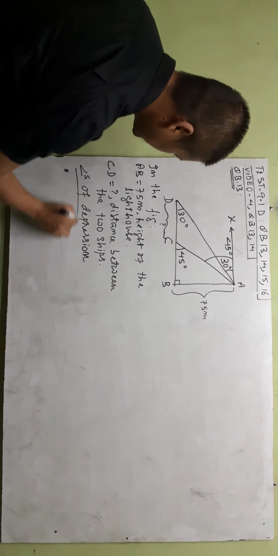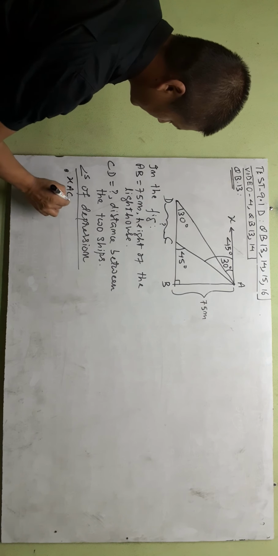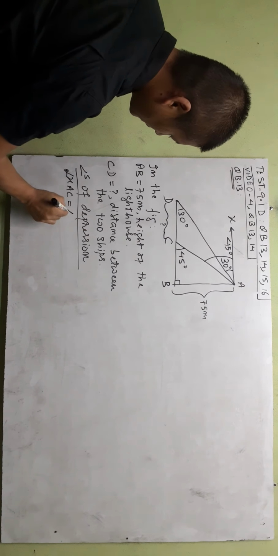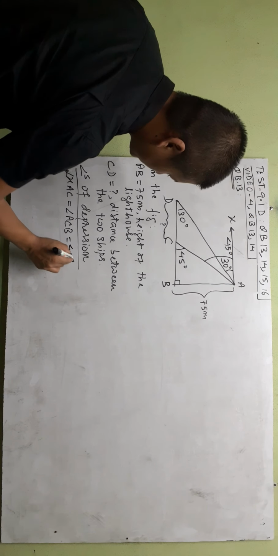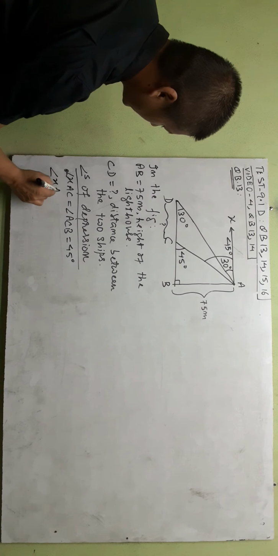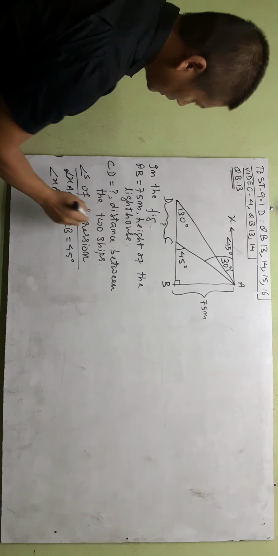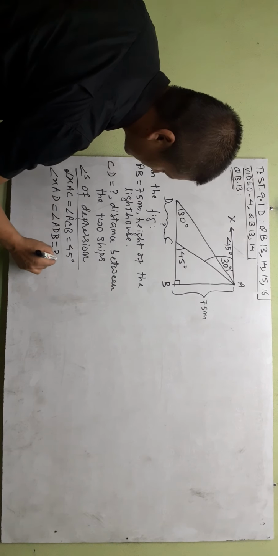Angles of depression here. The first one, angle XAC equal to this angle SCB, because they are alternate angles, 45 degree. Then angle XAD, this one, equal to angle ADB equal to 30 degree.